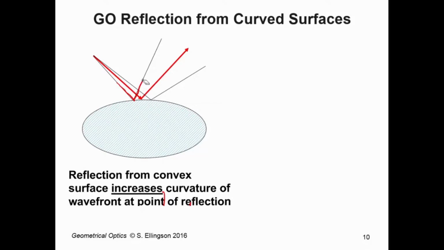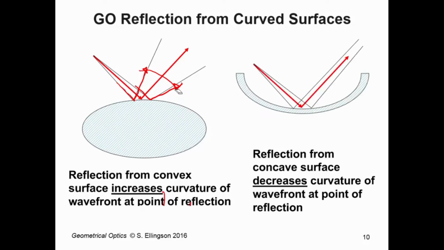Angle of reflection equals angle of incidence, so it goes in that direction. Then we go over here, and following Snell's law, the reflected ray goes in this direction. So we see that the rate at which these rays are diverging is increased by this reflection from the convex surface. If we consider a concave surface, we see just the opposite happens.